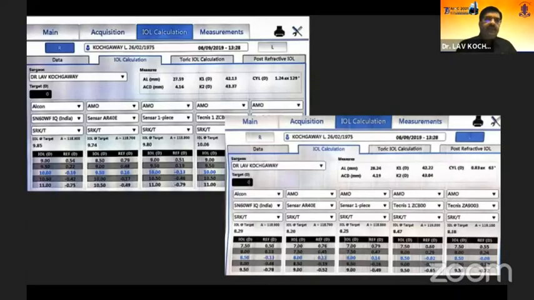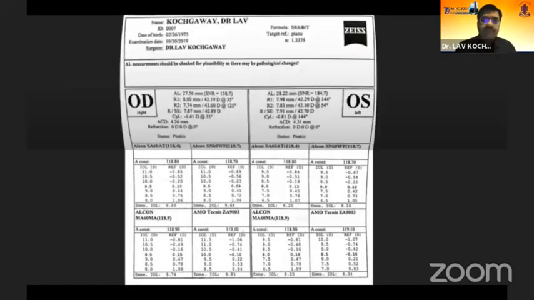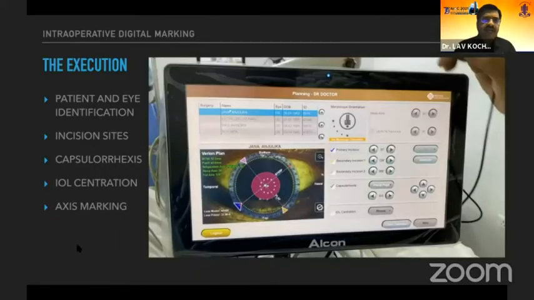Same thing with other machines, what you are getting here is the spherical component in both the non-toric and toric lens. So we are not very clear about that. And with the IOL Master, what we are getting as post-op refraction is the spherical equivalent of the power. So that is one of the added advantages.